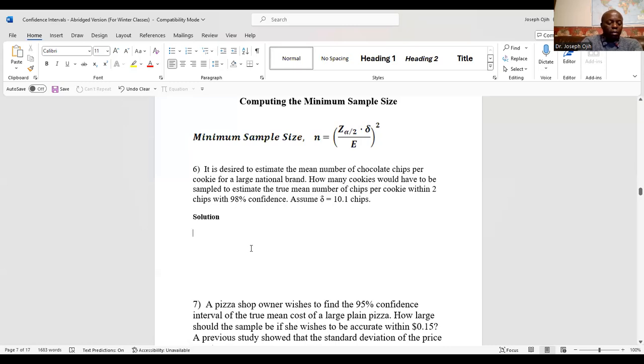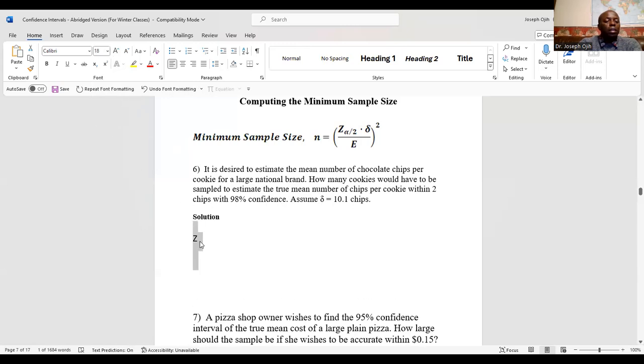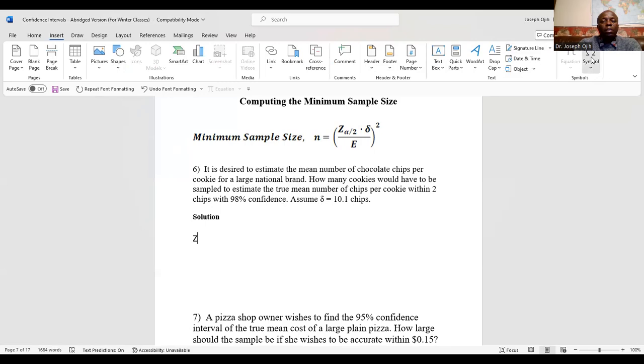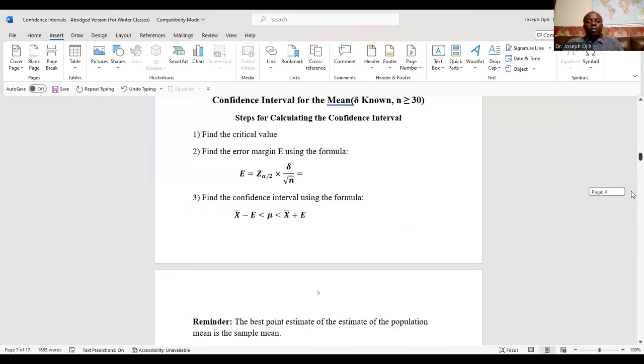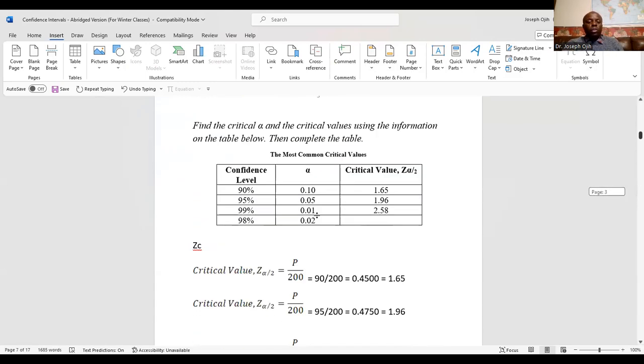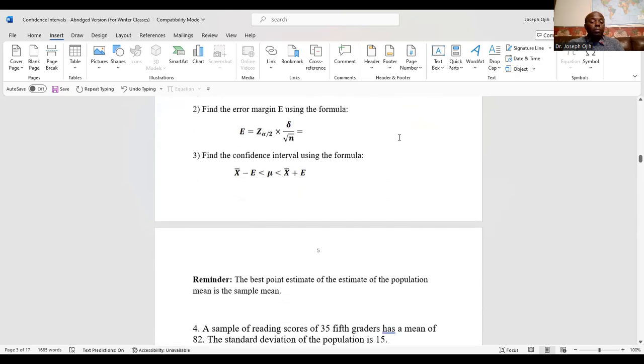Z alpha over 2, the critical value equals. Now, if I refer you to what we did earlier today, we did not calculate the critical value for 98%. So we can just use this formula to do it.